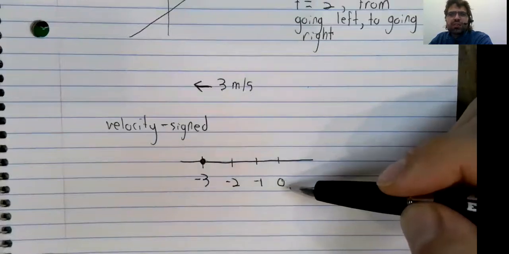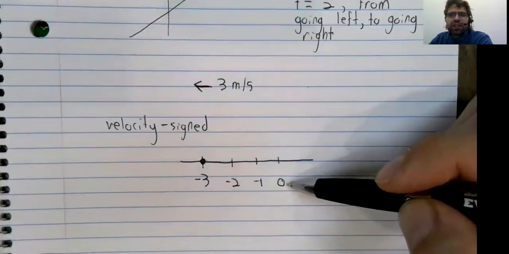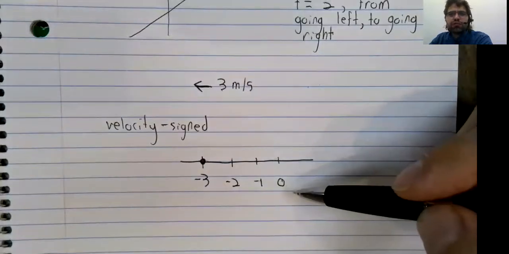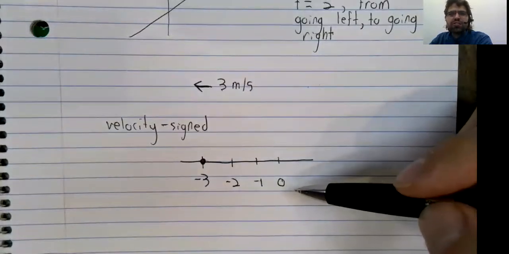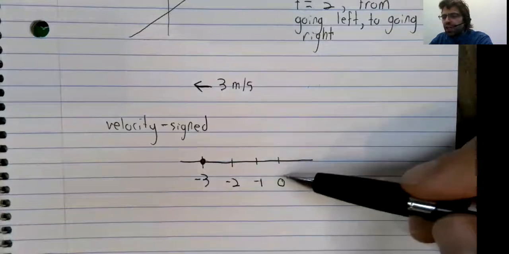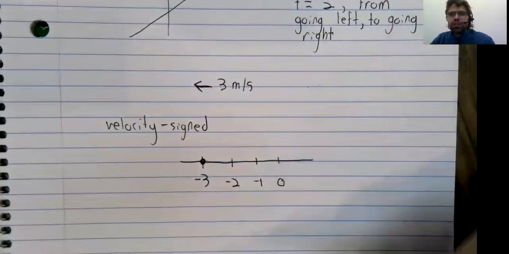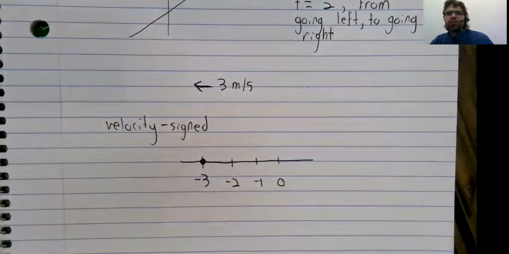So the object is always accelerating. Its velocity is always increasing at a constant rate. But initially, that causes it to slow down. It's perhaps a little unintuitive.